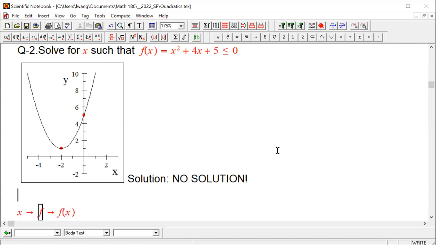So I hope this lesson helps us to truly understand the nature of inequality, which is one of the hard topics. With today's technology and with attention to some necessary details, I hope these questions become easier for us.